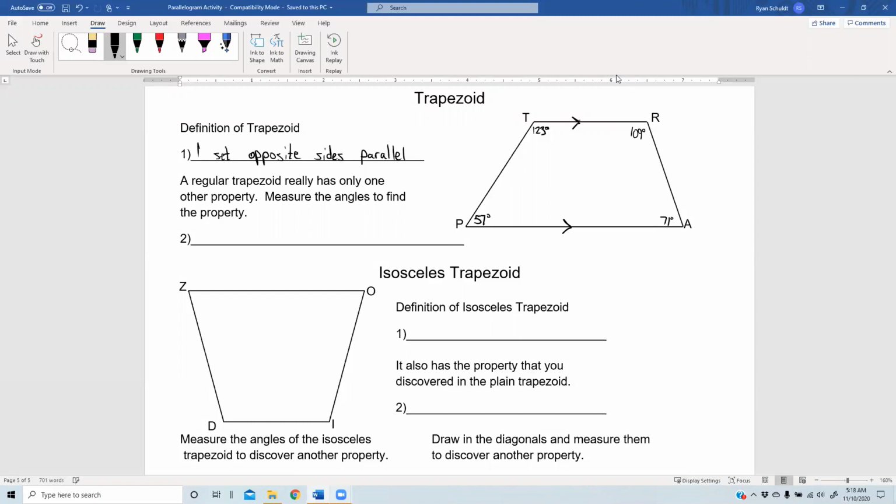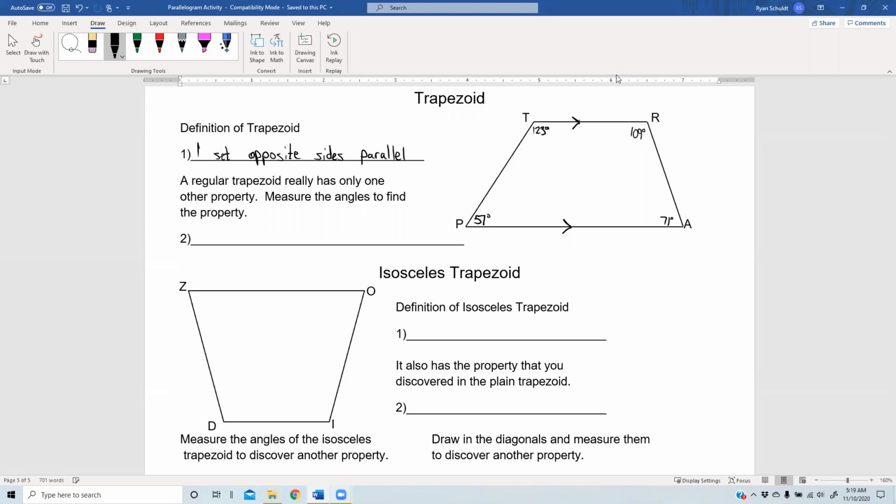Now, what do we notice about the angles here? What do T and P add to? 180. What about R and A? 180.